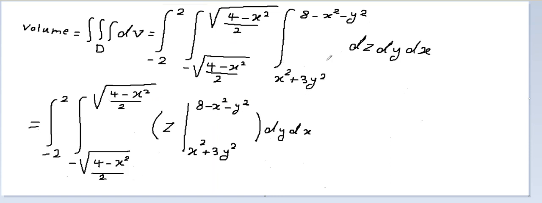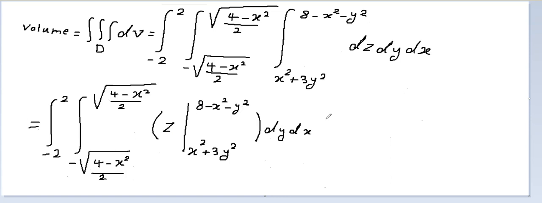The first integral with respect to z, from -2 to 2, from minus to plus. The integral of dz with respect to z is z, z from this to this.